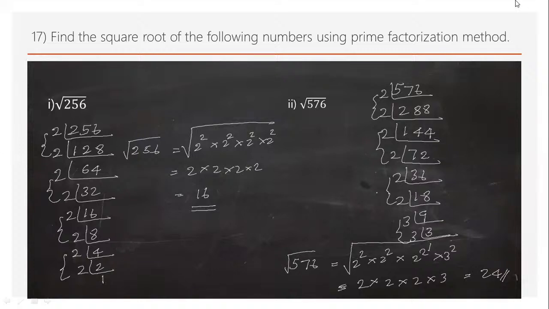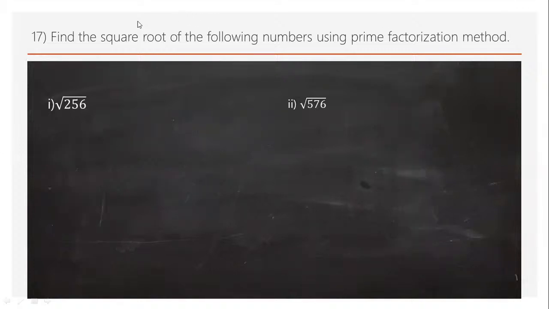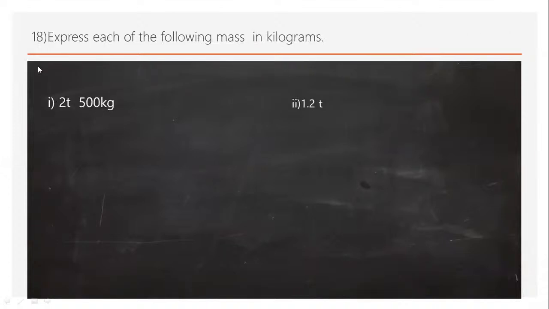Question number 18. Express each of the following masses in kilograms. 2t, it means ton. 1 ton, there are 1000 kilograms.